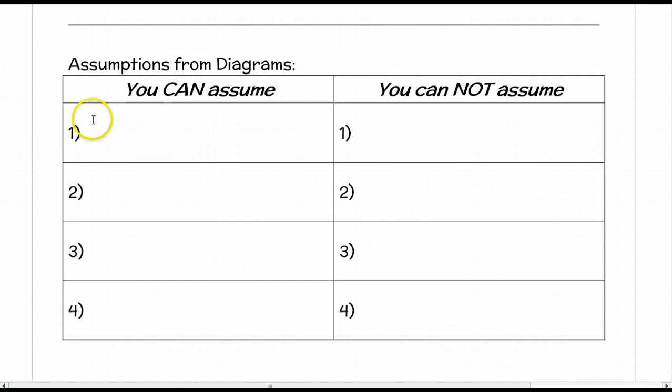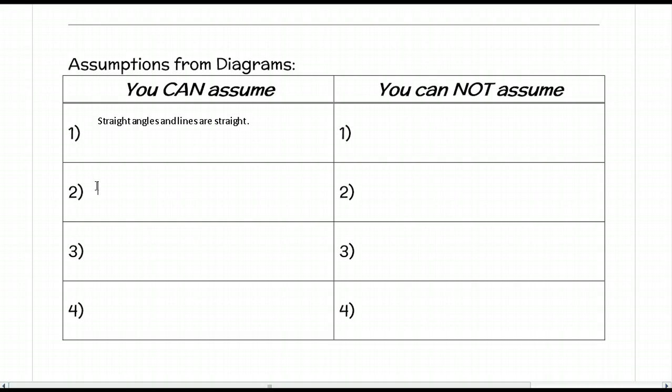So the first thing that you can assume is that if you look at a picture and you see some straight angles or straight lines, you can assume that they are in fact straight. So straight angles and lines are straight. Okay, so if it looks straight, it is straight.